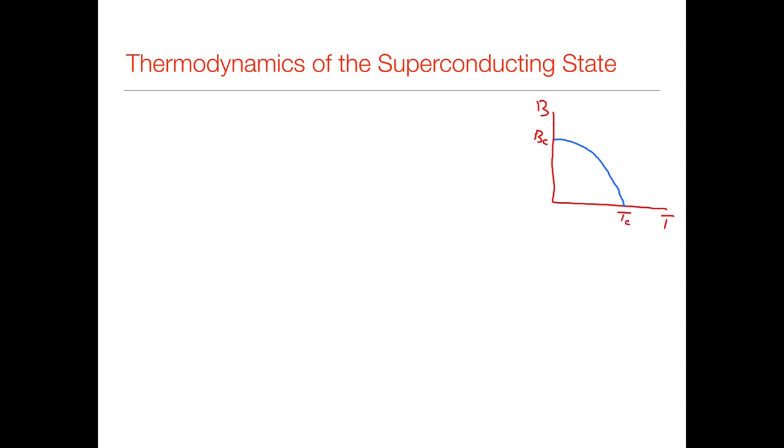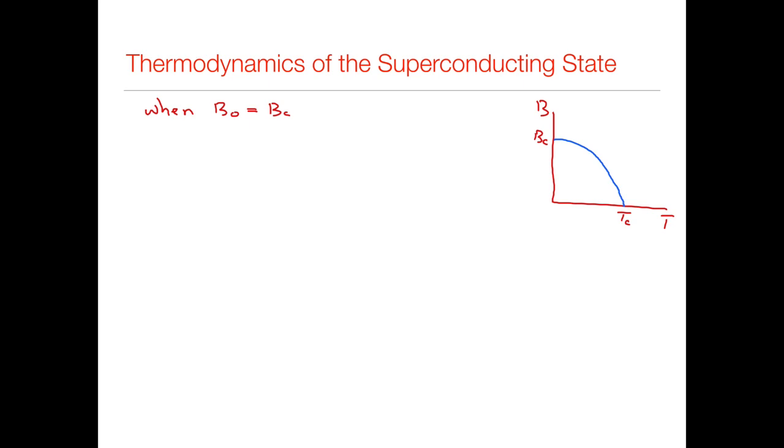So the critical field is dependent on the temperature that we're at. Now, when the applied field is equal to B critical, in other words, when I'm somewhere on the boundary of this phase diagram, it means the normal and the superconducting states are in equilibrium.